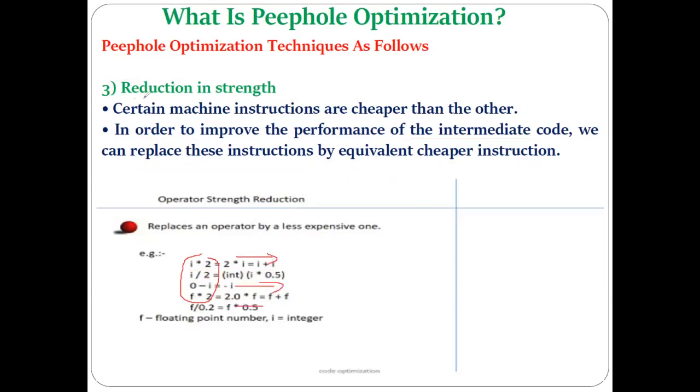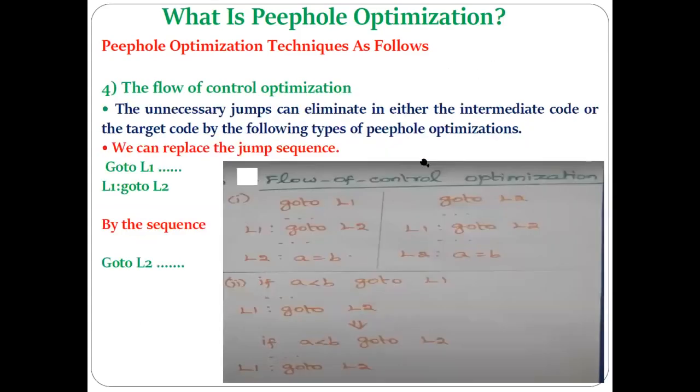That is nothing but the reduction in strength technique, where we try to replace the costly operator with a less costly operator, or the expensive operator by a cheaper operator.